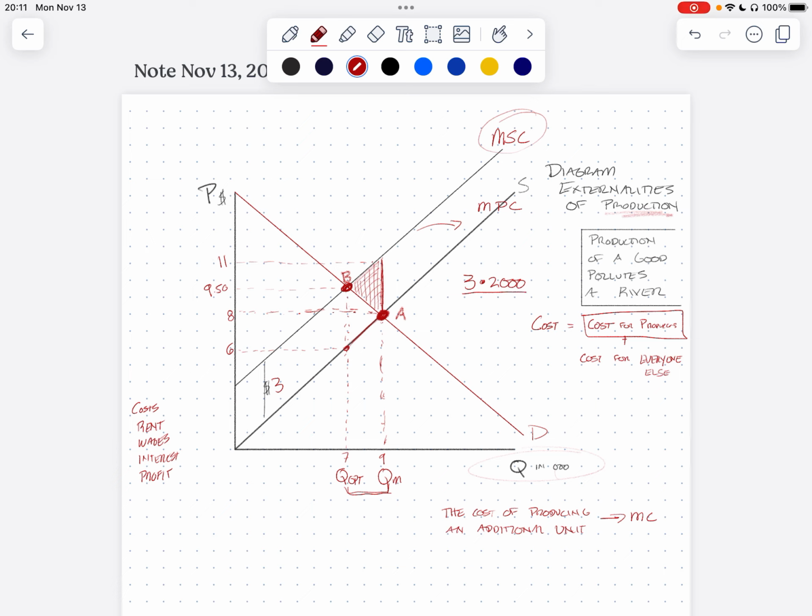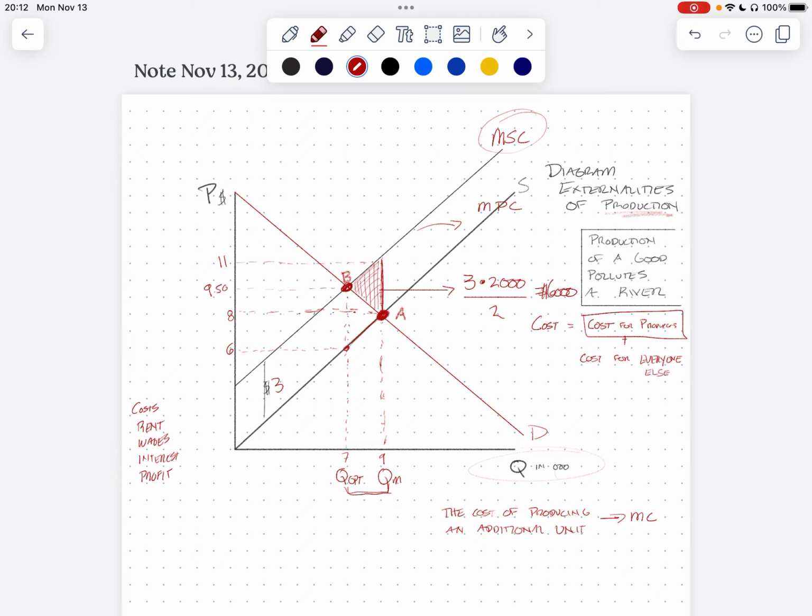And we know that the area of a triangle is 1/2 base times height. So we can see here that the welfare loss is $6,000. We can actually point out the extent to which this pollution is harming society. And we can put a dollar figure on that.